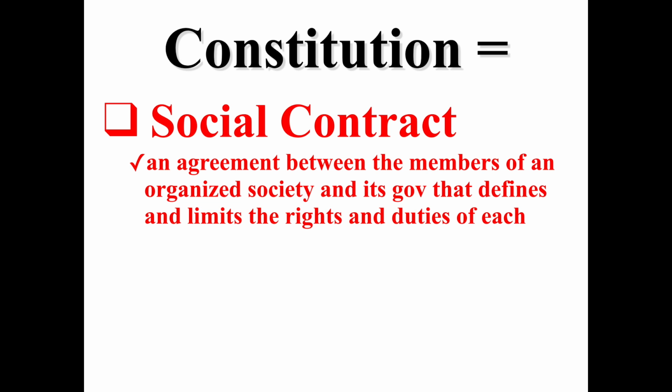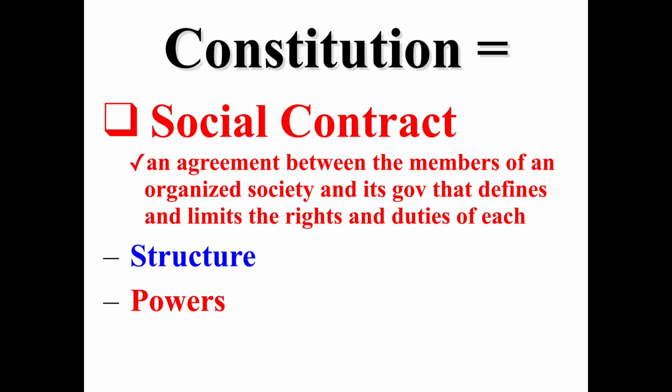It is a social contract, which is like what we talked about. It's an agreement between the members of an organized society and its government that defines and limits the rights and duties of each. In other words, it defines and limits the rights of people, but it also defines and limits what your government can and cannot do, as well as your state and local governments.